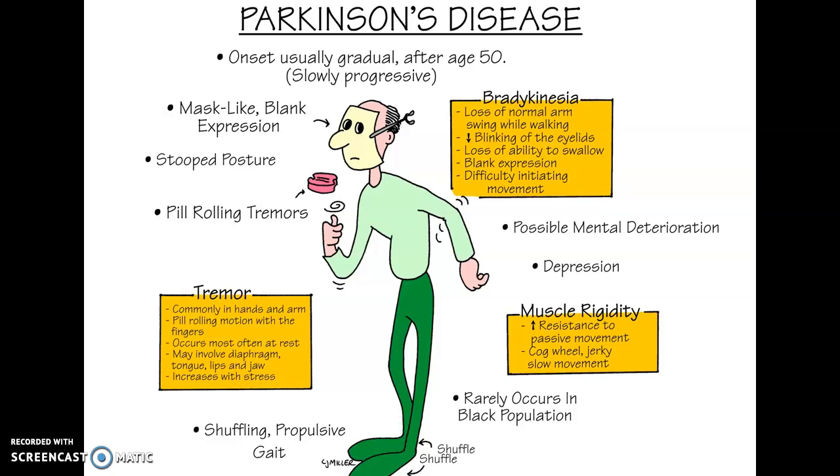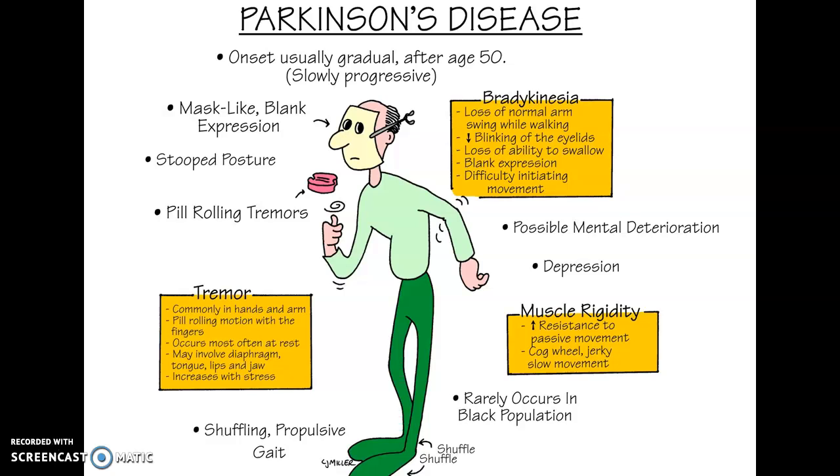Why blank expression? Because expressions are caused by the motion of the muscles in the face, which is restricted in this case. There might be possible mental deterioration. Obviously, there can be depression because the person is not able to function normally.